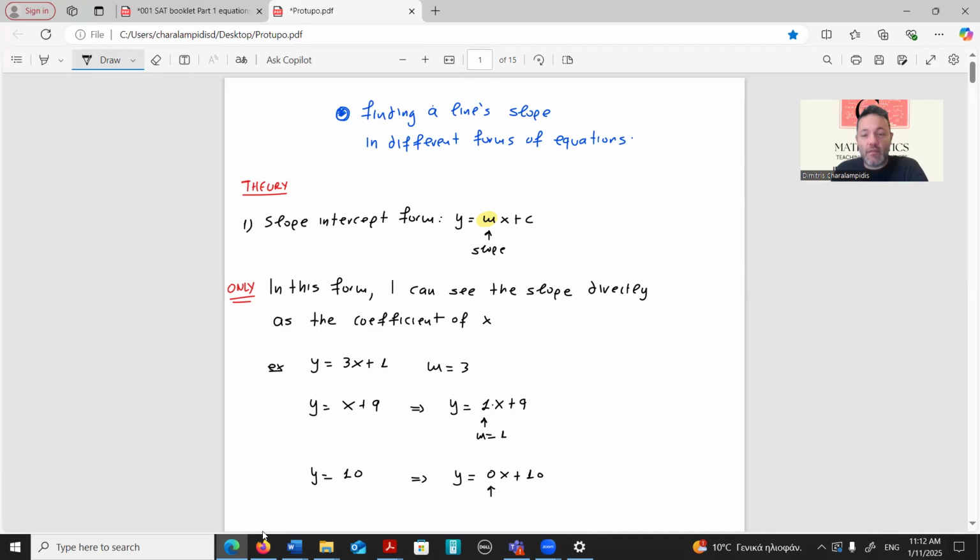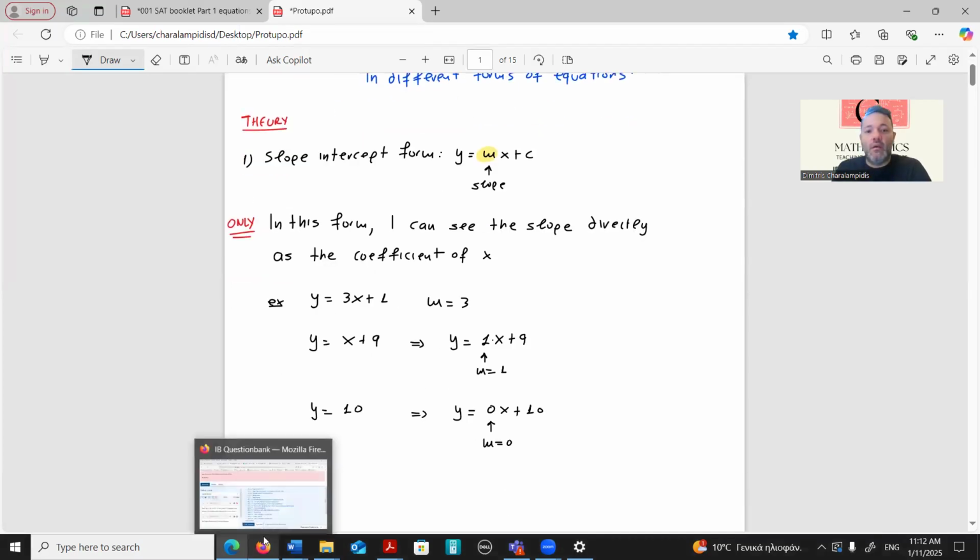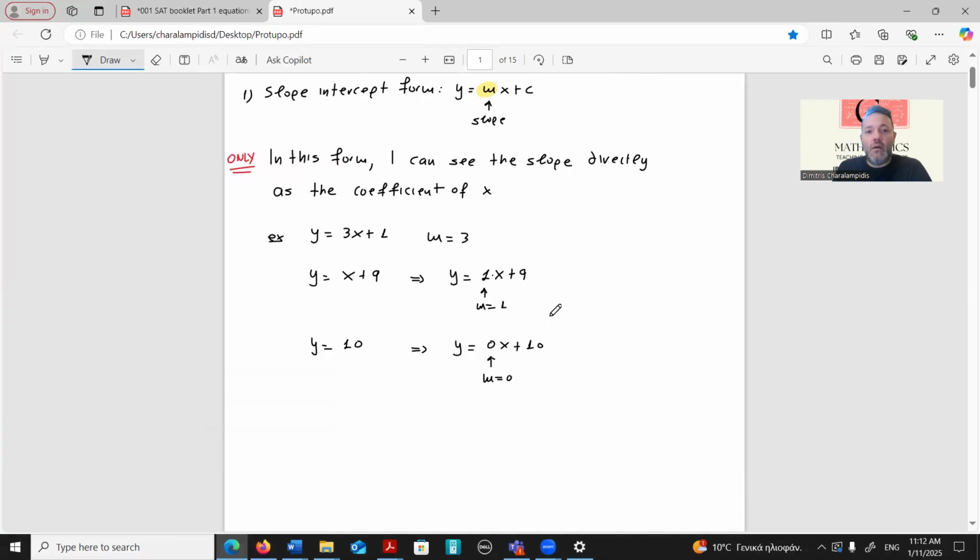So this means that there should have been an x, but simply because it was 0 times x, and that would end up as 0, we did not write that. So m is 0. That's about when we are given the slope-intercept form.